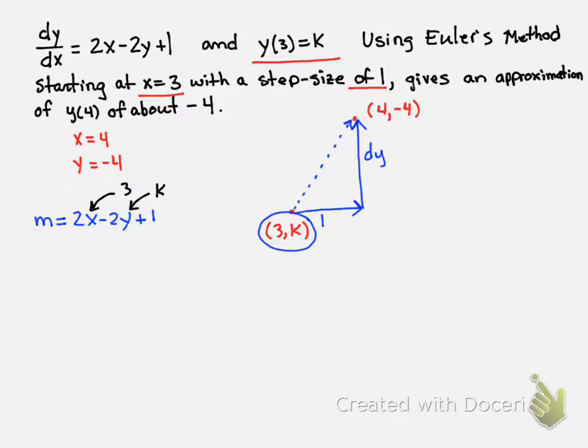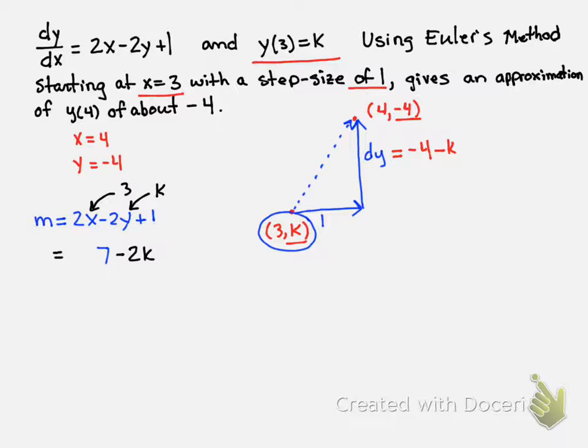So my dy/dx, or my slope, is 6 plus 1 is 7 minus 2k. Now I don't know my change in y, but as I look at my picture, it's going to be the difference between this y value and this y value. So I could write dy as -4 minus k, because any height is always the upper y minus the lower y.